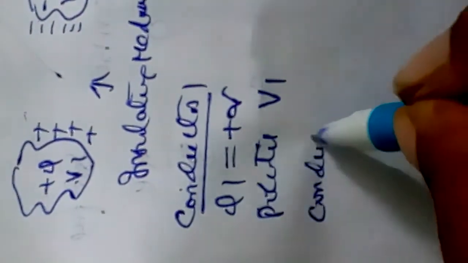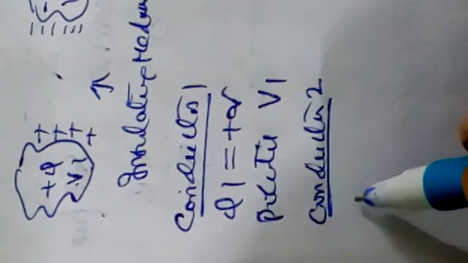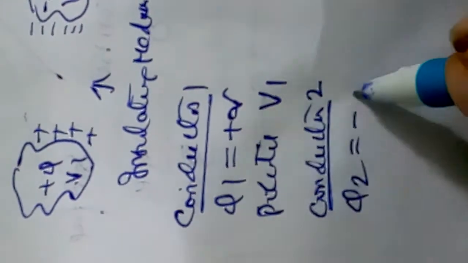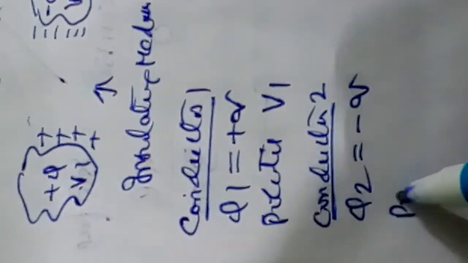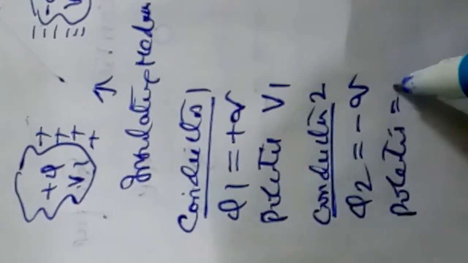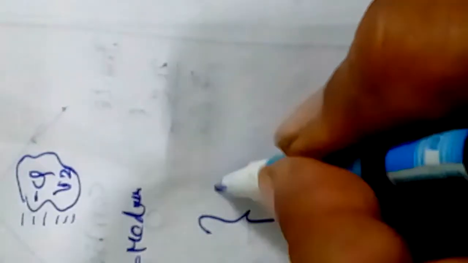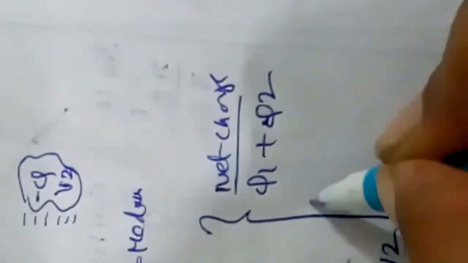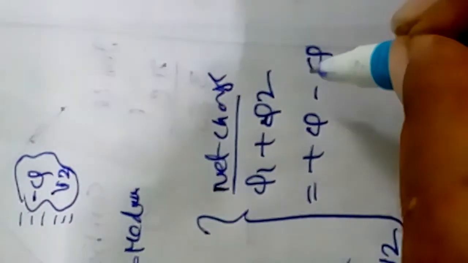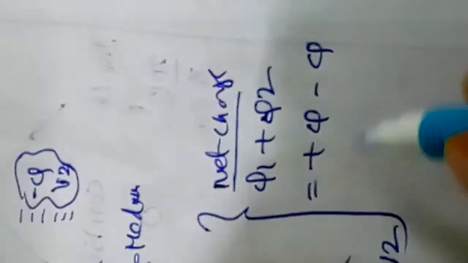And if you take the other conductor 2, its charge is taken as minus Q and its potential is equal to V2. Now from these two, if you calculate the net charge, it is Q1 plus Q2, that is plus Q minus Q. Then automatically it will be 0.